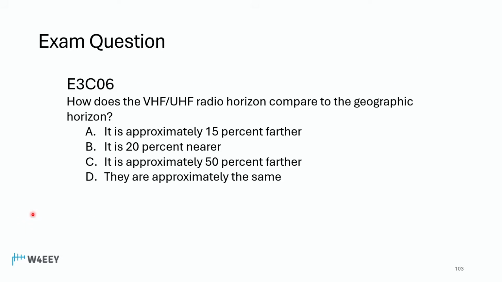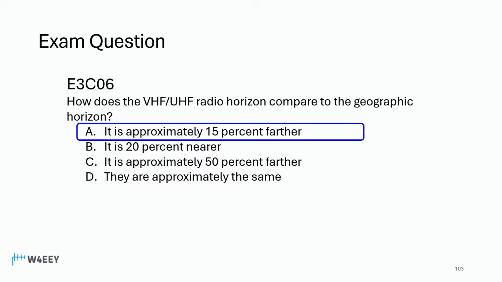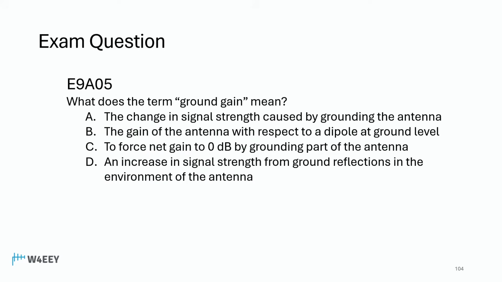So we're approaching the end of our class. How does VHF-UHF radio horizon compare to the geographic horizon? Alpha. It is alpha. You can talk about 15% further than the line of sight. What does the term ground gain mean?